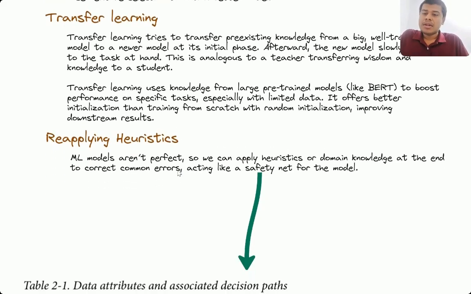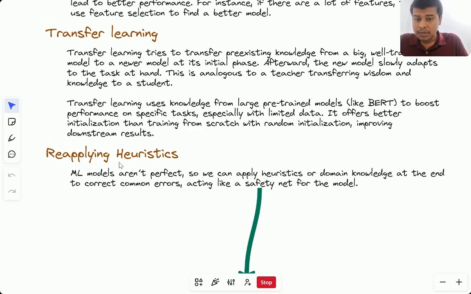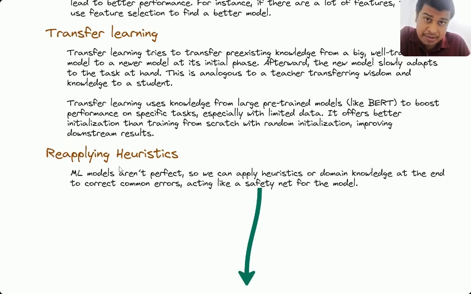Fine. Now, sometimes the prediction of the model, or the whole pipeline, will not be that perfect. So we apply some kind of heuristics on top of it. I'll tell you an example. You have this ChatGPT, right?